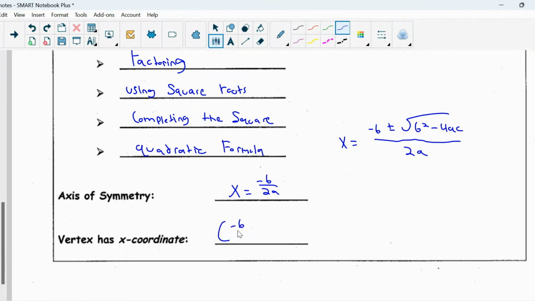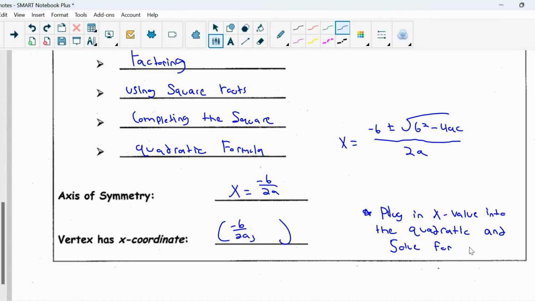Our vertex is negative b over 2a, which becomes our x value, as stated above. But then, to find your y value, we can plug our x value into the quadratic and solve for y. Okay?